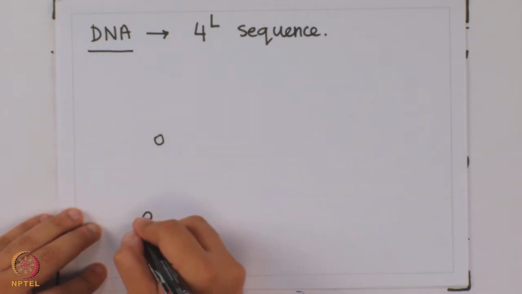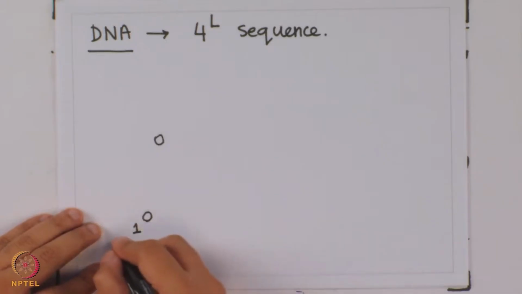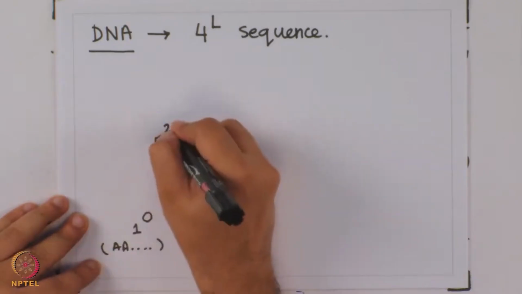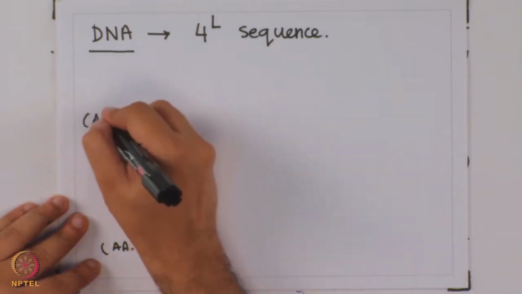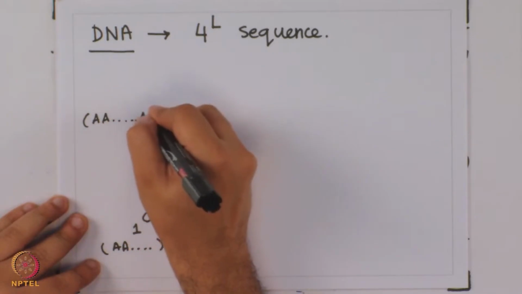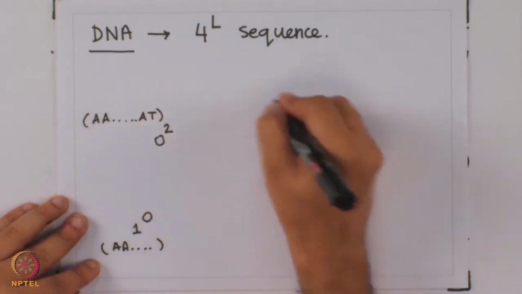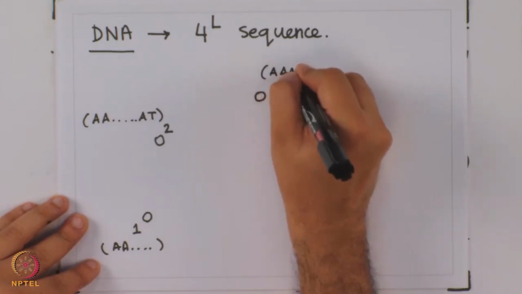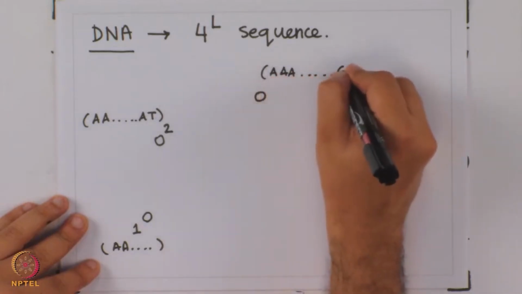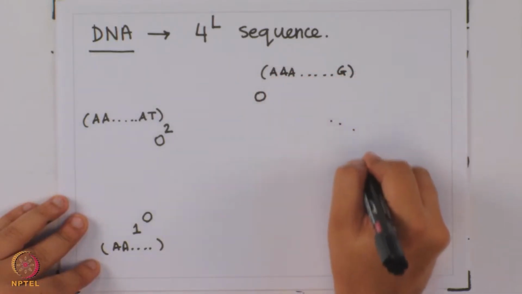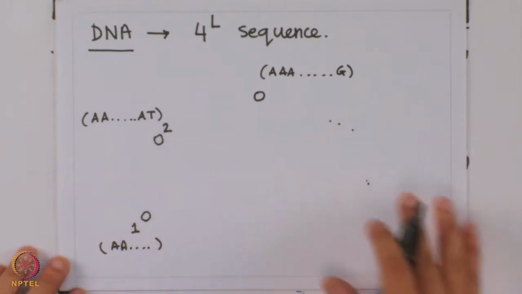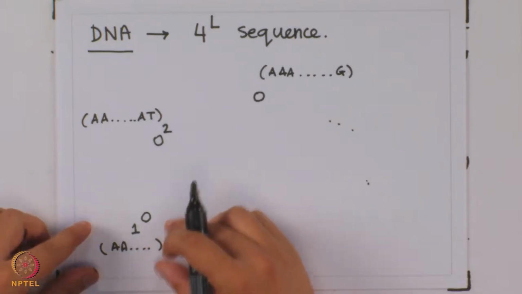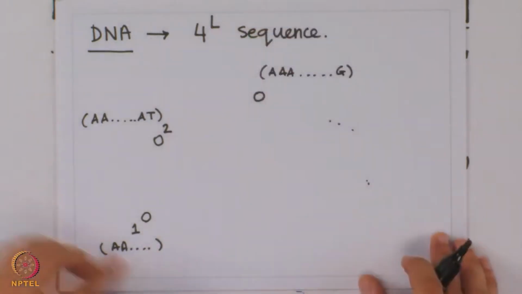So, this is sequence 1, this maybe is all A's. This is sequence 2, maybe this is all A's, but the last nucleotide is a T. This is sequence 3, maybe this is all A's, but the last one is G, and so on and so forth. Each node here represents one particular sequence, one of 4 to the power L particular sequences.